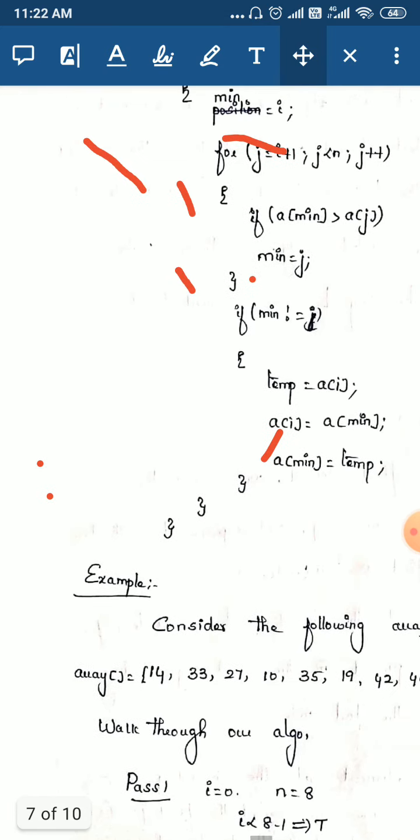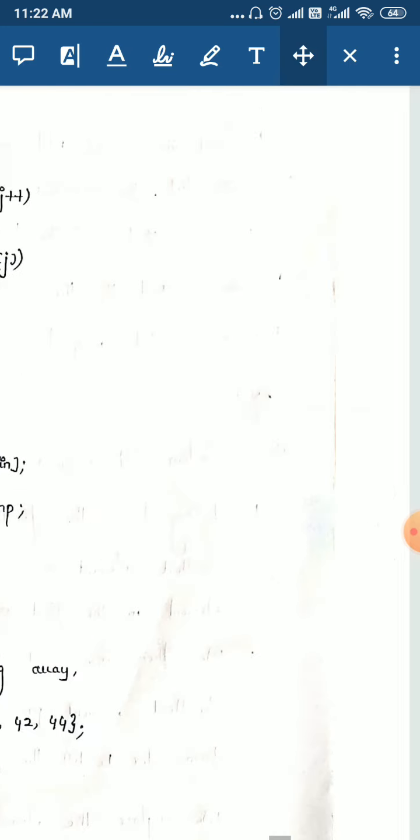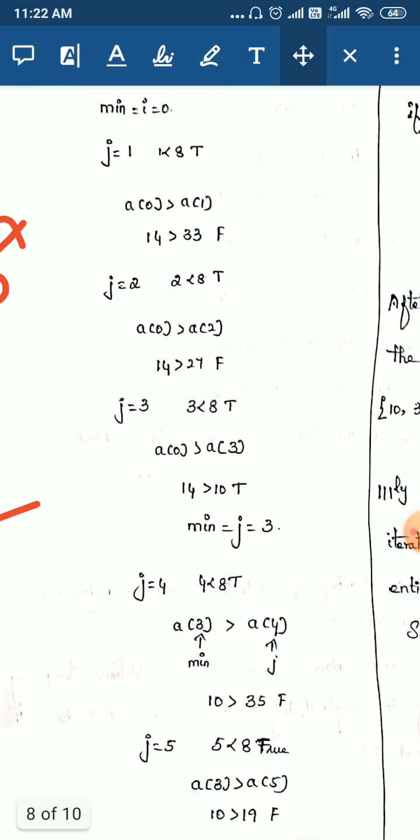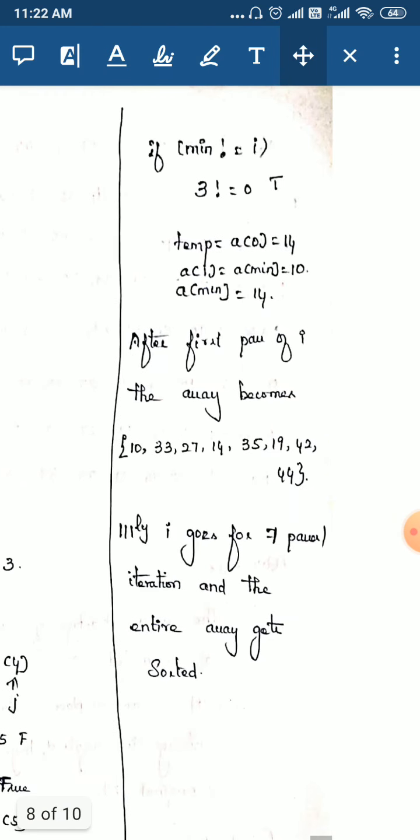So if min is not equal to i, what is our current value of min? We changed the min value to 3, right? So now the min value is 3, and as it is not equal to 0, because the current i value is 0, this condition becomes true.